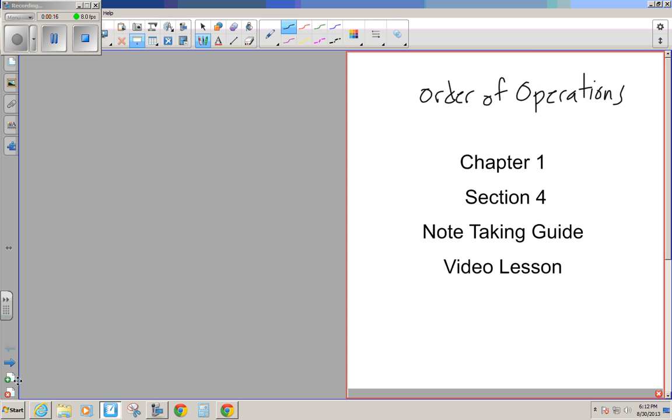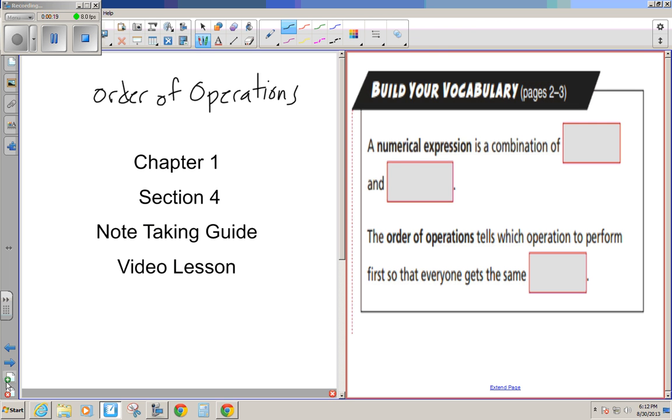Order of Operations. All right, a numerical expression is a combination of numbers and operations. Okay? An expression, no equal sign.